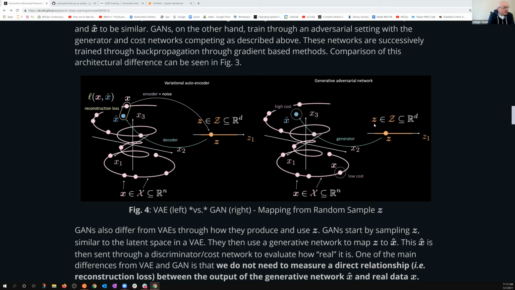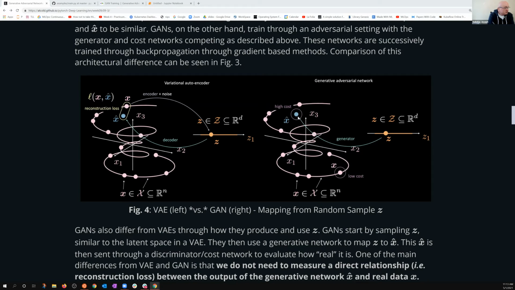We actually start on the right-hand side. We start in the Z space. So we're sampling the noise, then we generate data. Essentially, you can think of it as like through a decoder, and we land somewhere in the X space. Now, initially, that's going to be a random location, because you have no idea where you're going to land.